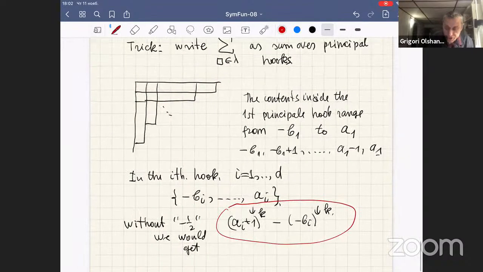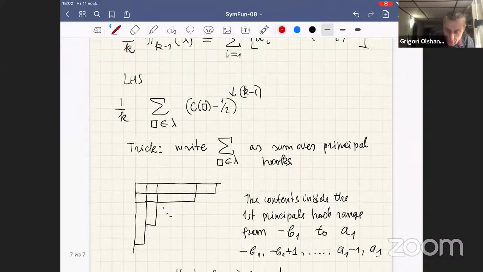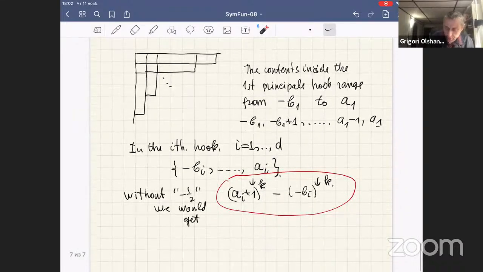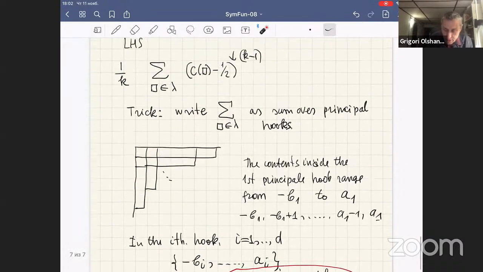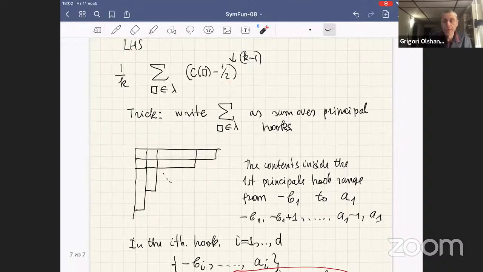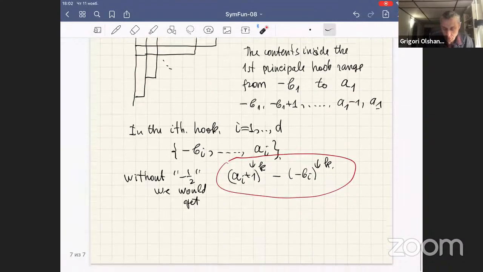But you see there is some asymmetry here, because we have here +1 and here there is nothing. Okay, but due to this little shift, we get a complete symmetry.